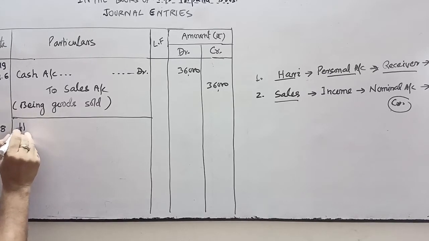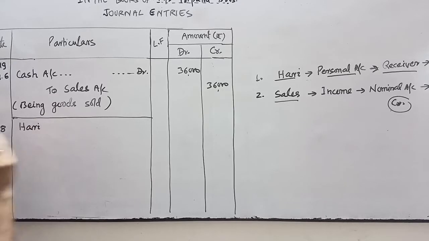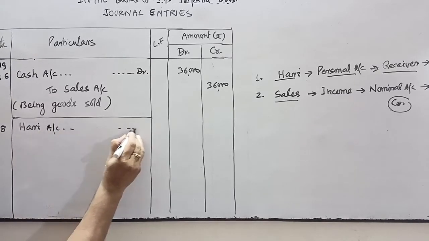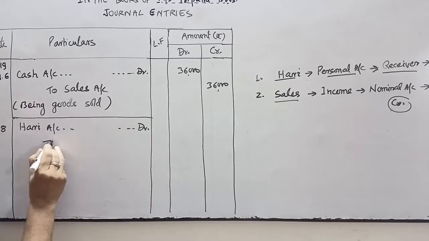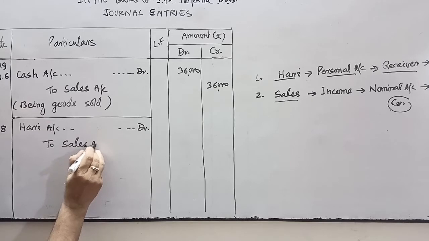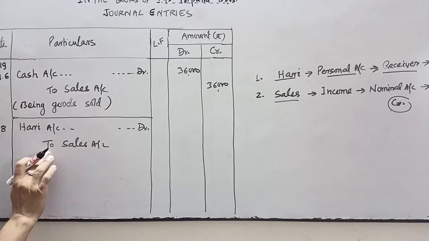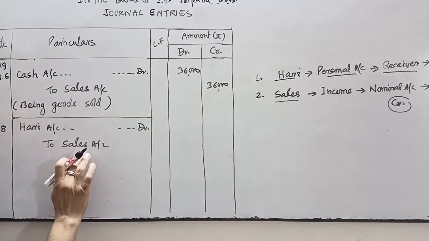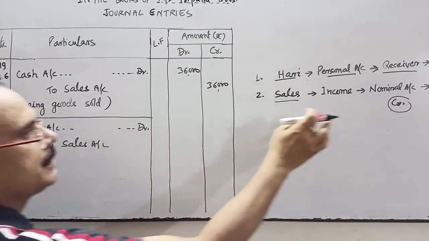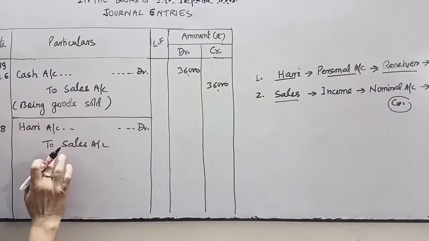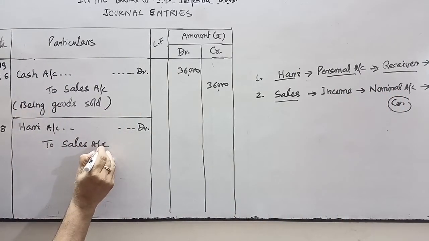So Hari account will be debited, and sales account will be credited. To write the credit, we start with 'To'. As sales is credit, we start with 'To'. Sales comes under nominal account. It's an income, and all incomes and gains are credited. So sales account will be credited.